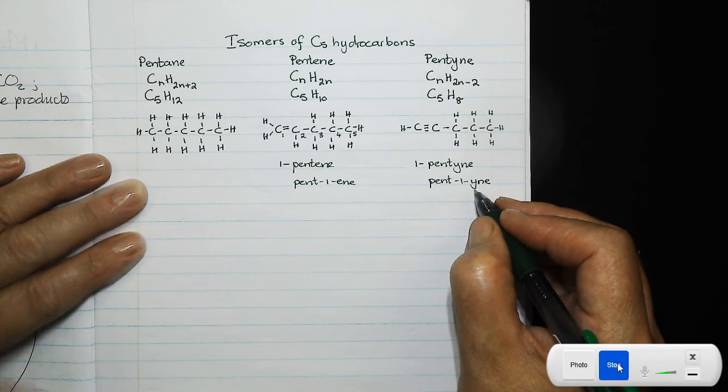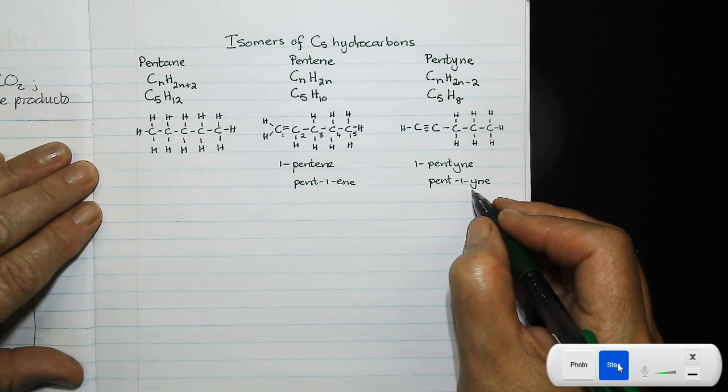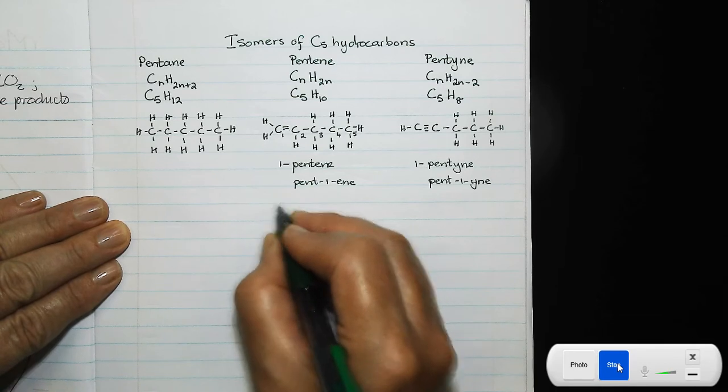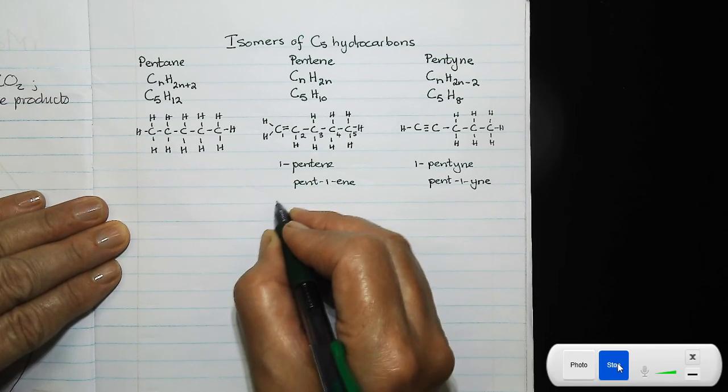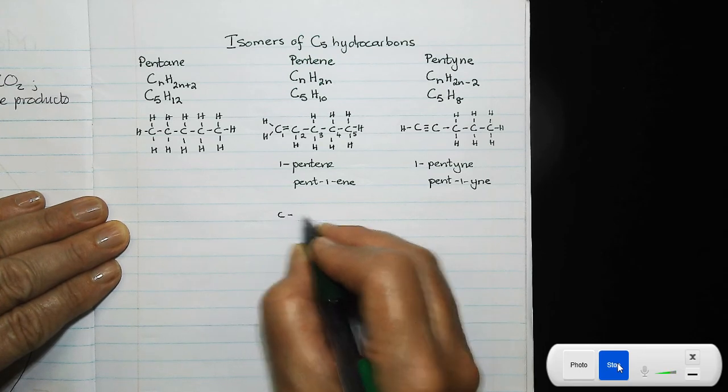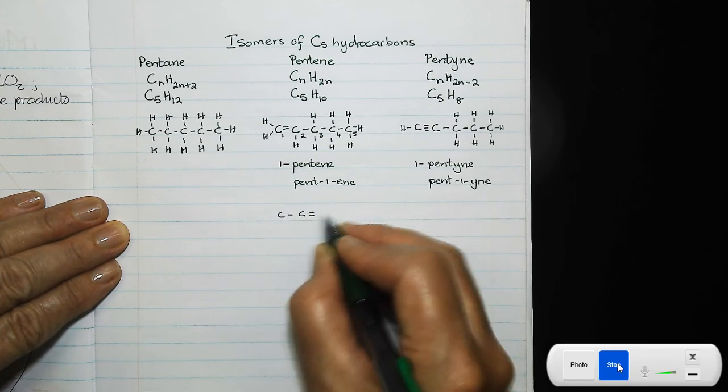Righto. Now I want to go into a positional isomer for pentene that will move the double bond. Let's try it. It's a trial and error story, this.